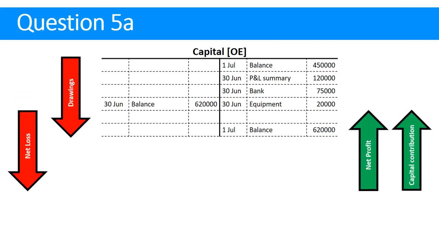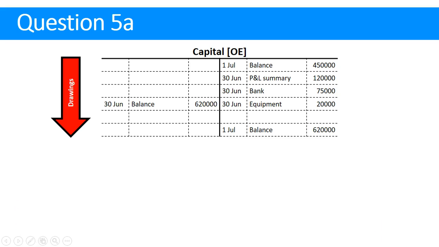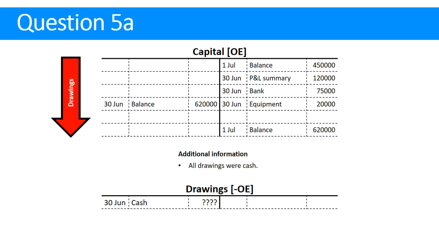That just leaves drawings, and the issue here is we're only told that all drawings were cash. We're not told what the amount was. That's why it helps that we've put in all the information, including the closing balance, because we're going to recreate this ledger and solve for X. We'll say drawings must be X. We don't know what it is, but we do know there is a figure. If we total up all the credits, we get 665,000. We put that number on the debit side.